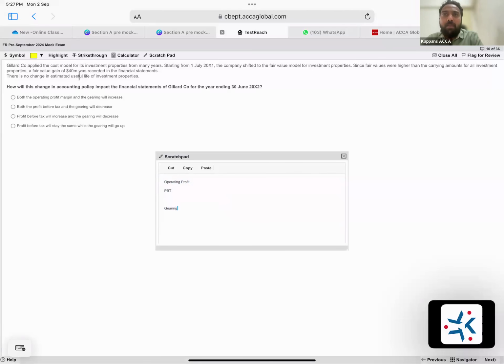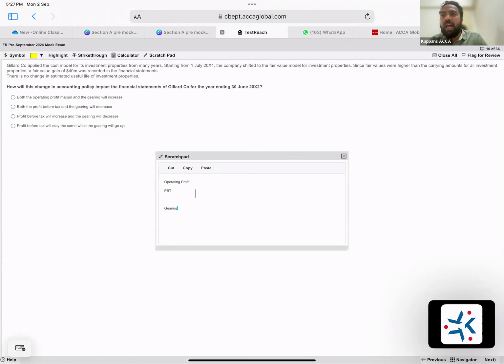So Gillard applied cost model for its investment property. From July X1, that is beginning of the year, it is shifting to fair value model. Cost model to fair value model is a change in accounting policy. Since fair values were higher than carrying amount, a fair value gain was recorded.